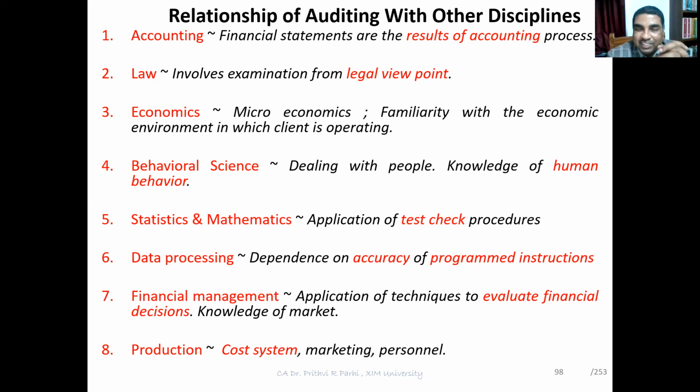So that is how auditing is connected to accounting. Without accounting, financial statements may not be prepared, and auditor may not be able to get them audited. Auditing is also related to the subject law because it involves examination of these financial items, financial assets, liabilities from legal point of view.